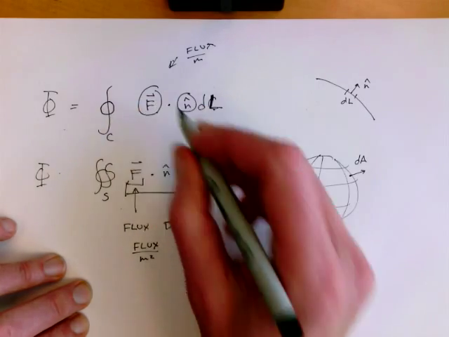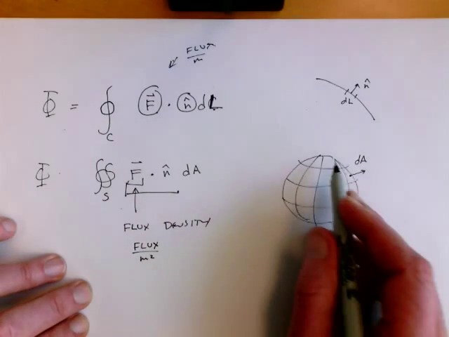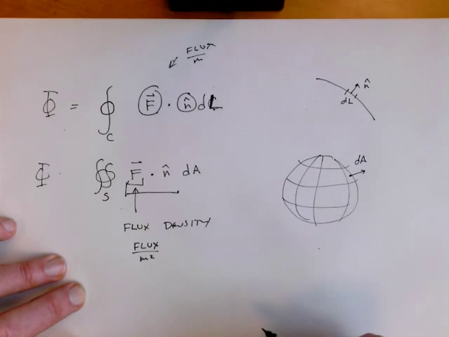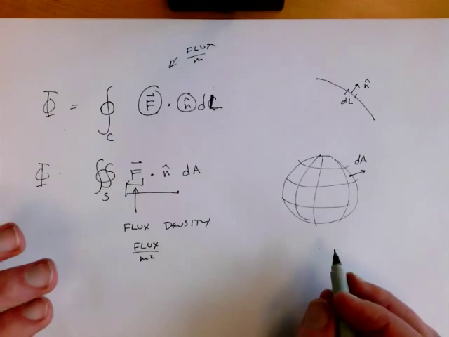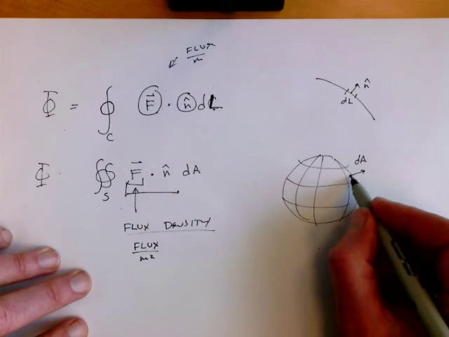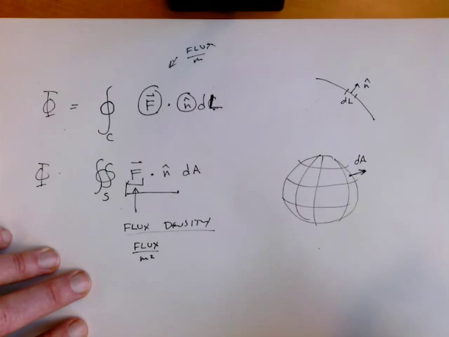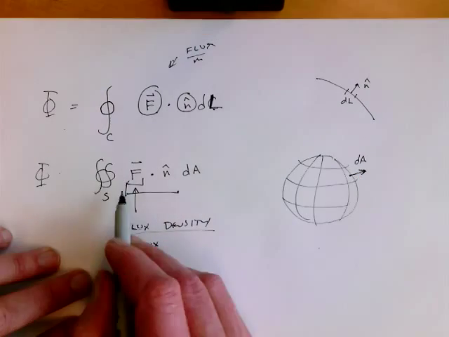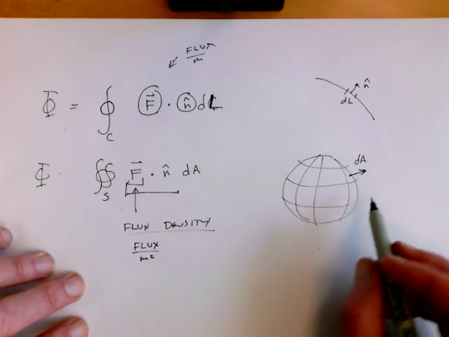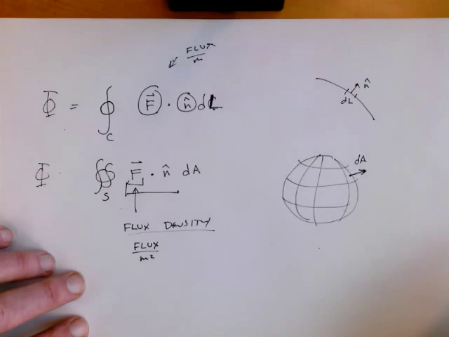It's got to be directed because you're integrating that over a surface, and you need to know information about what the orientation of that surface is at each point. Okay? So a couple of things that we've introduced in this. One is this idea of flux density. One is this idea of looking at what that unit vector is and taking a dot product in order to figure that out. And finally, this idea of talking about flux through a closed surface as being the amount of stuff that's coming out of that closed surface.